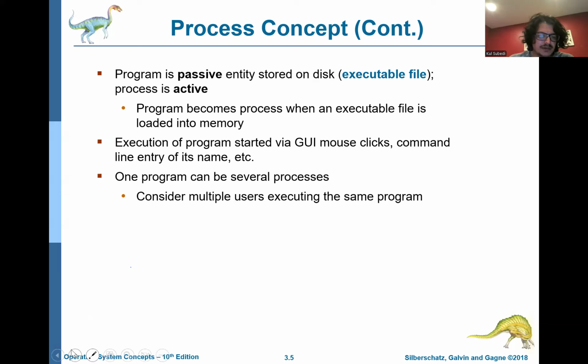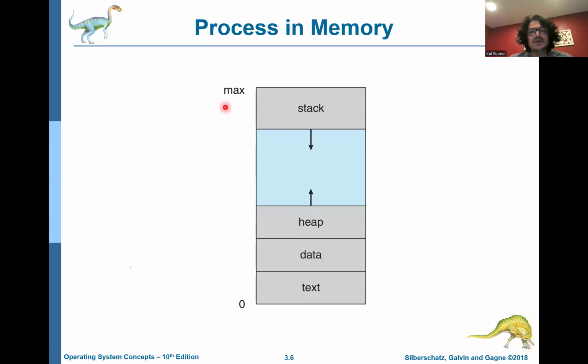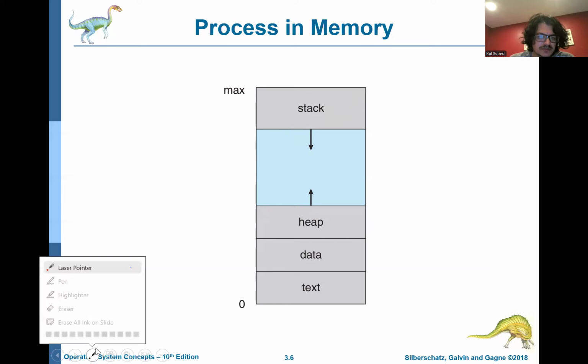All right. Now let's continue. Now let's understand what's happening when you load your program into memory, and it becomes a process. Each process has its own address space. Let me get the pen.